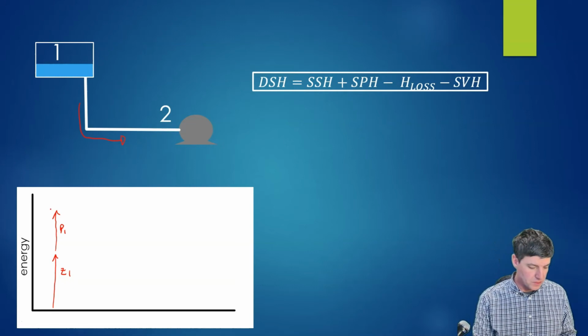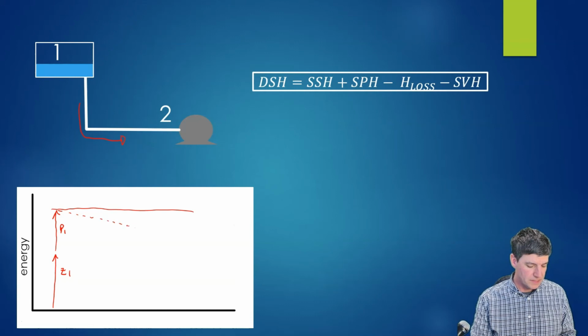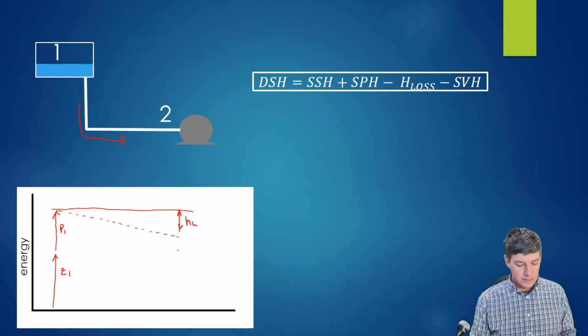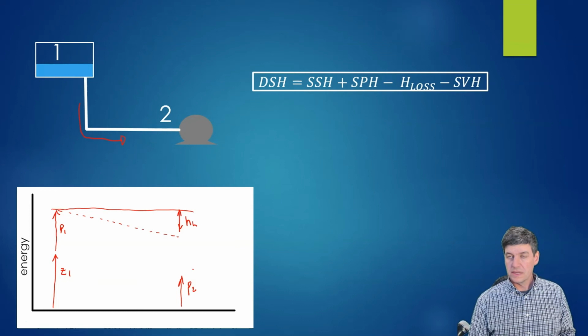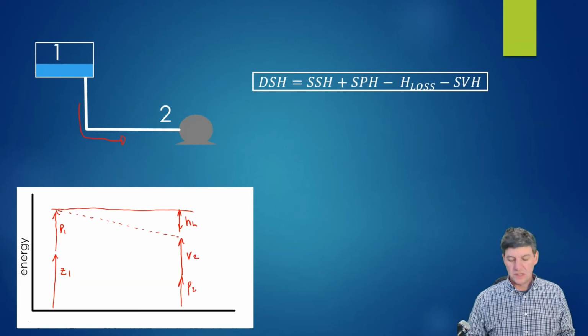And so the total amount of energy in our system is going to drop because of the losses. Okay, so as we get to number 2, we have some sort of head loss. And what's available at number 2? Well, we don't have any height, so no Z term, but what we do have is some pressure. So pressure 2, so that's leading to having a head. And as well, we're going to have a velocity term. So we have our velocity 2.